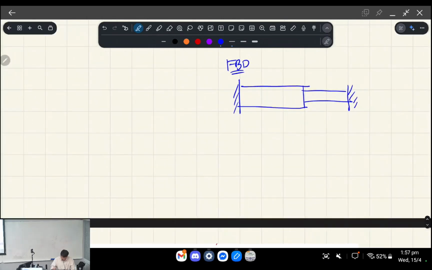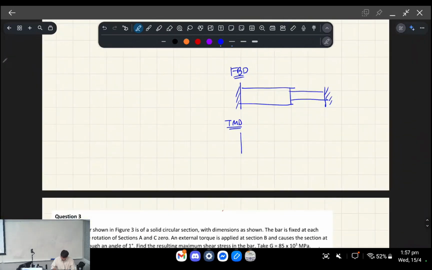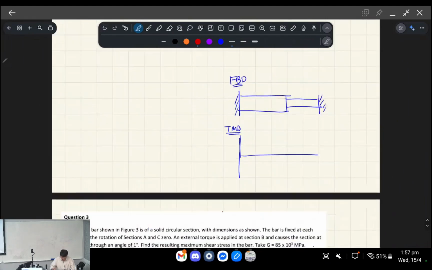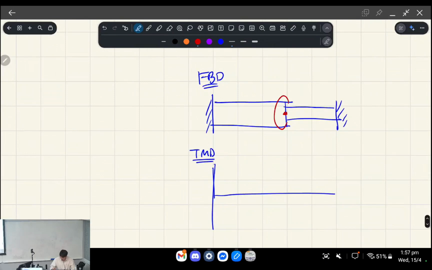If I did a torque moment diagram, firstly what's important to explain is from this diagram, we know that here we had a counterclockwise torque. And we know that both these reactions, let's call them TA and TC, have to equal the torque that we applied.